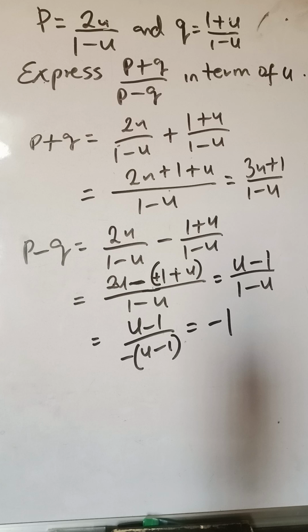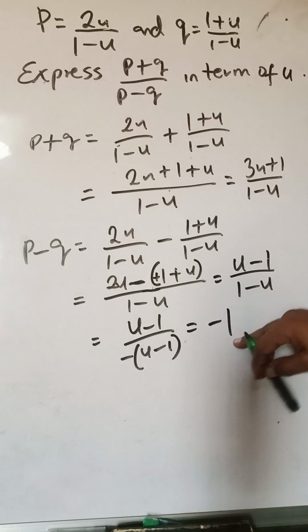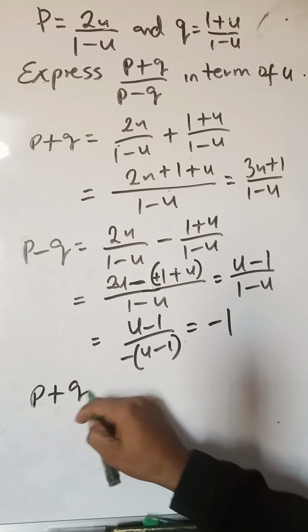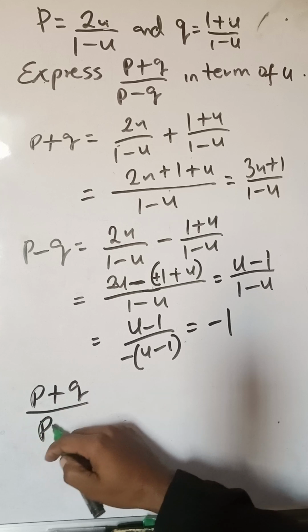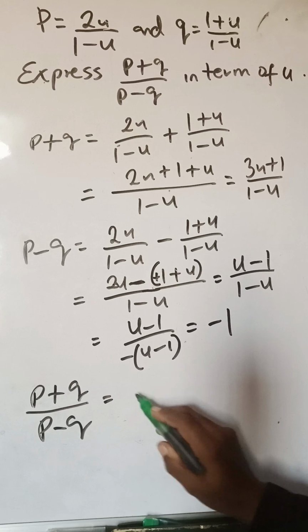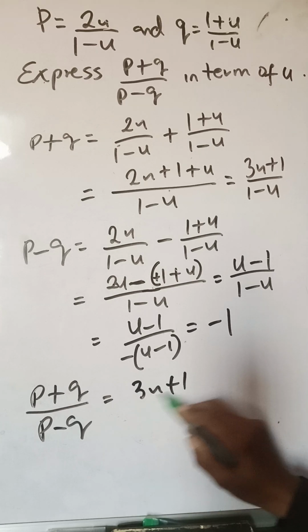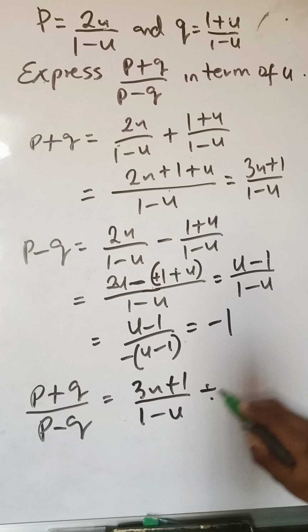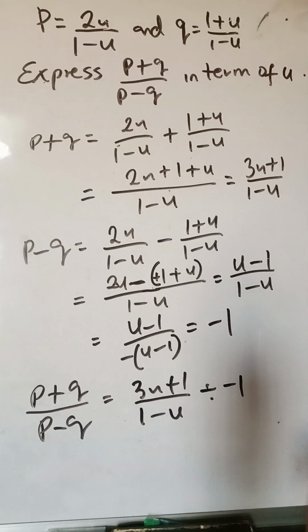Fine, it's not bad. Or if you choose to take this, your P plus Q over P minus Q is going to be 3U plus 1 over 1 minus U, so you divide it by minus 1. Or you can take the U minus 1 divided by 1 minus U.